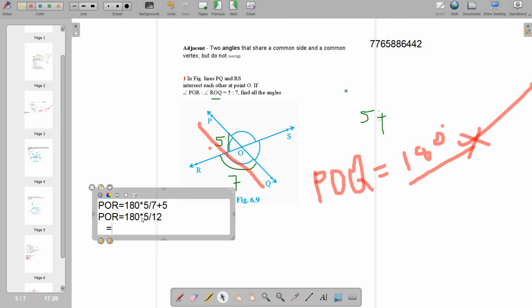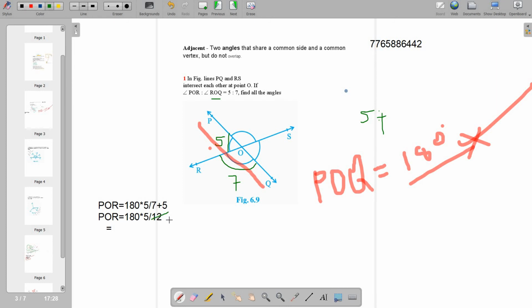Let us calculate this. We will divide this by 6, that gives 2, and 180 divided by 6 gives 30, and again we divide by 2, that gives 15.